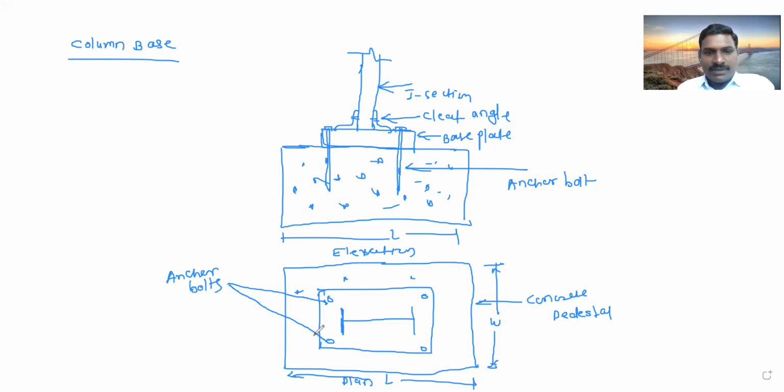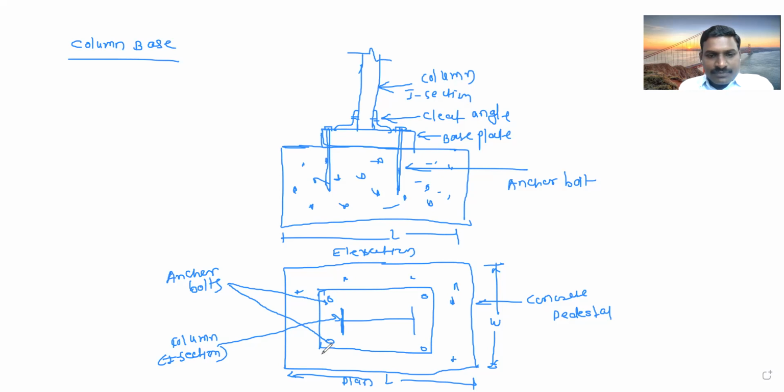This is the concrete pedestal, and this is your column. Actually, this I section is nothing but the column. We can provide an I section or a channel section. So this is the concrete pedestal.